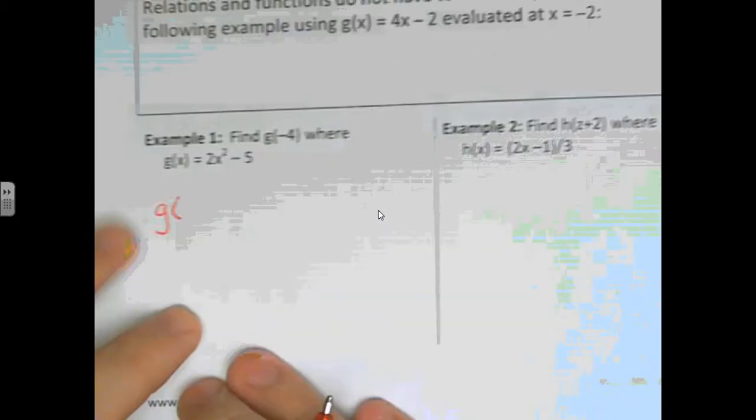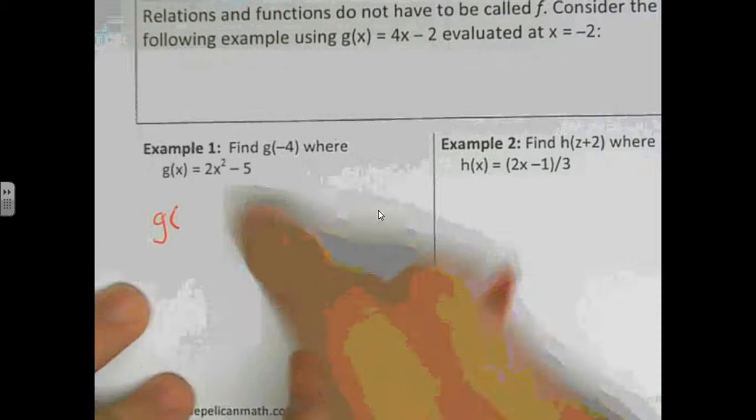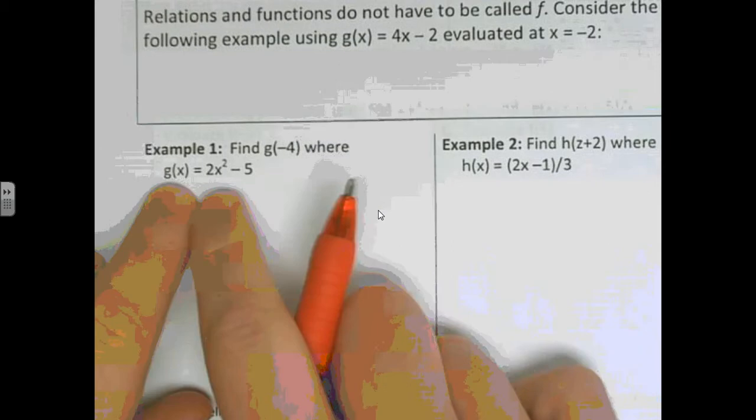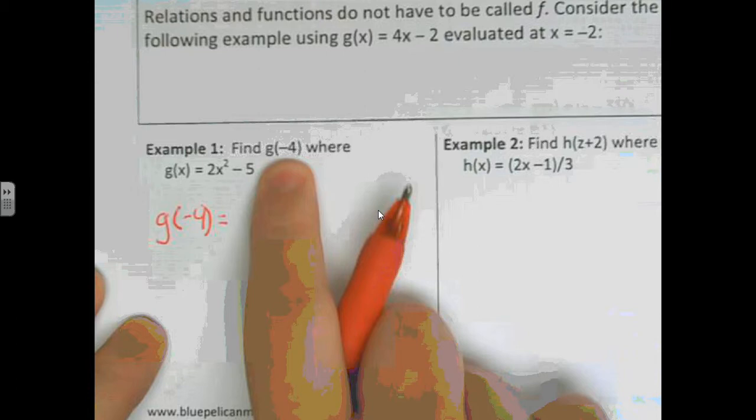Okay, so what's my input? -4. What are you trying to input? So you see how there's an x there? And you see how there's a -4 here?